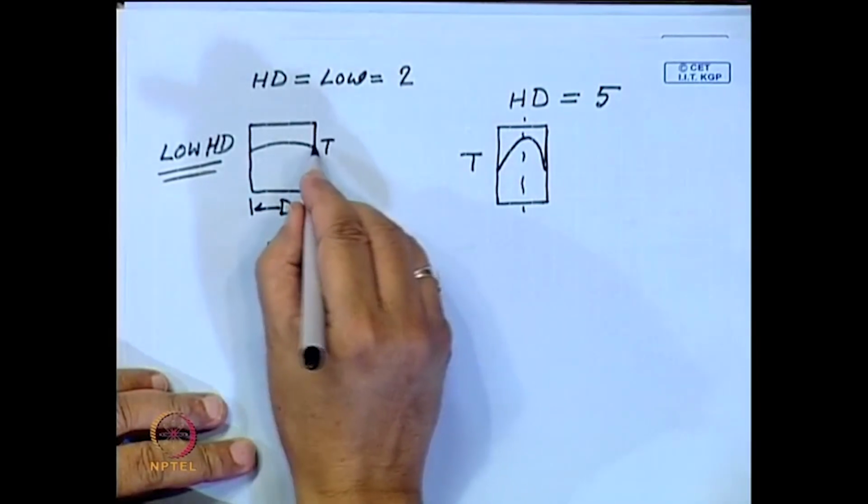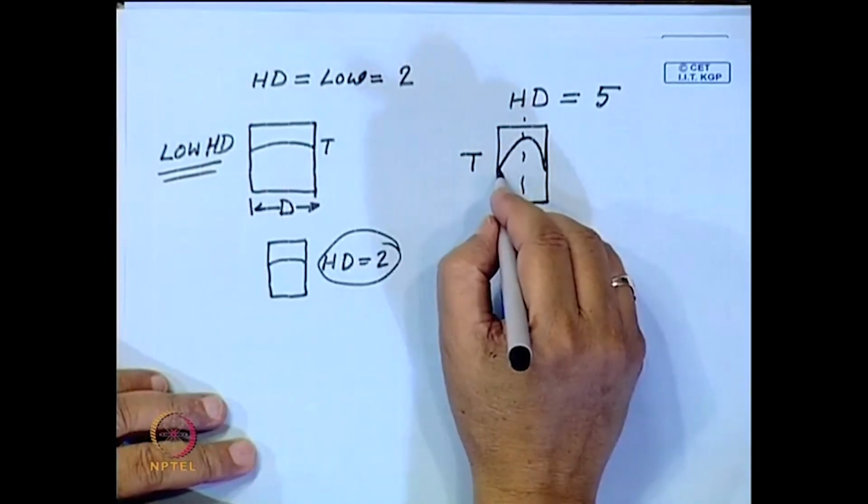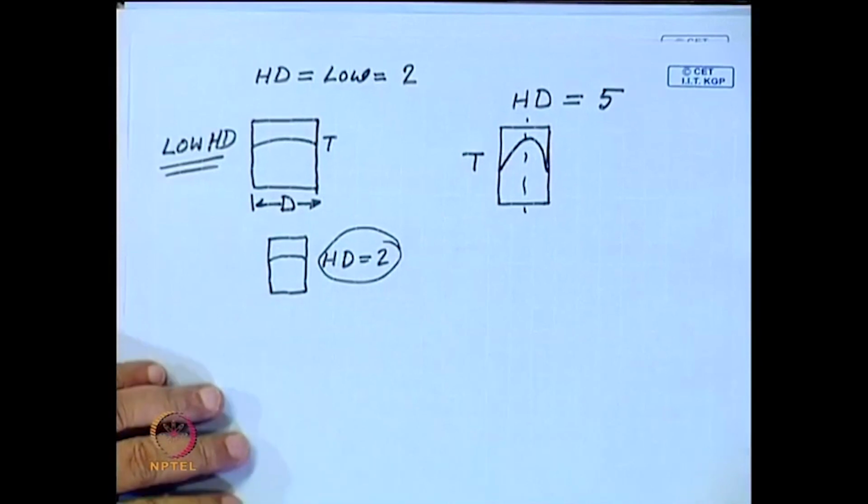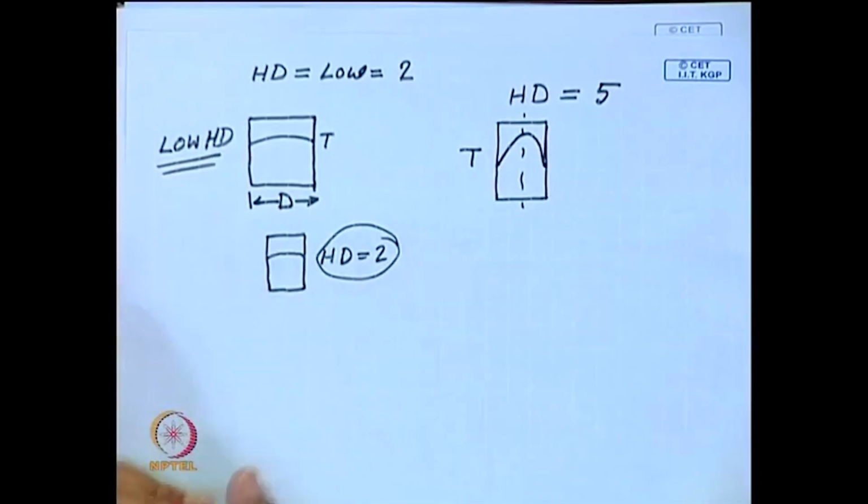Here you have a shallow temperature gradient, in this case you have a sharp temperature gradient. So, this is a very simple concept which helps you to design the quenching process and the quenching technique, so that you get the desired hardness with minimum distortion.